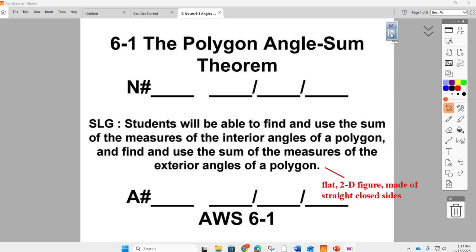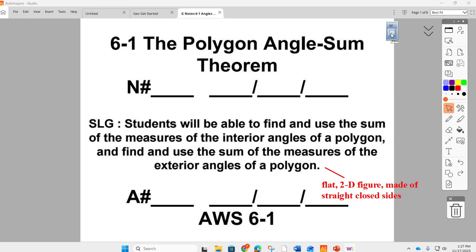Why can't we just subtract 2? Always subtract 2, right? So 3 minus 2 is 1. 1 times 180 is 180. That's the sum of the interior angles of a triangle. 4 minus 2. Why do we use the number 2? Because that's the algebraic rule that works, right?